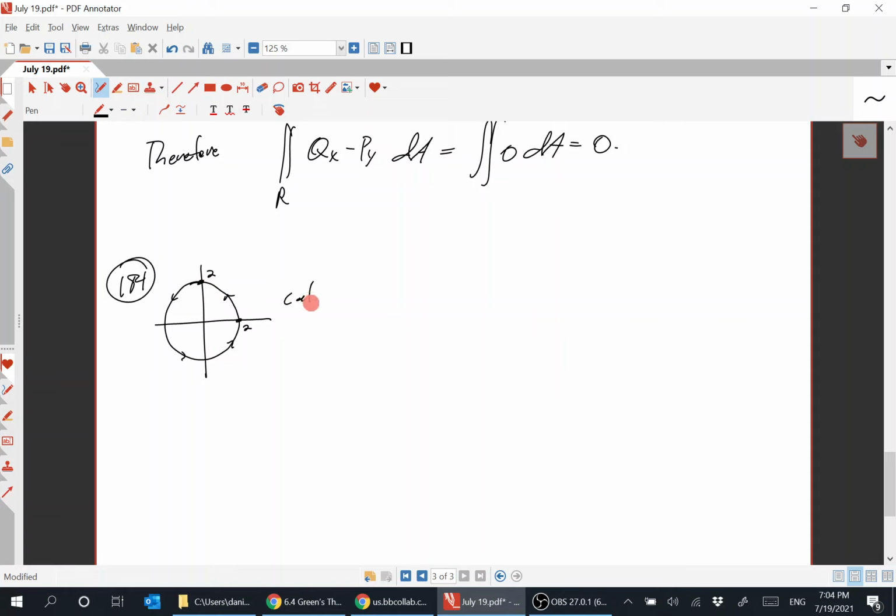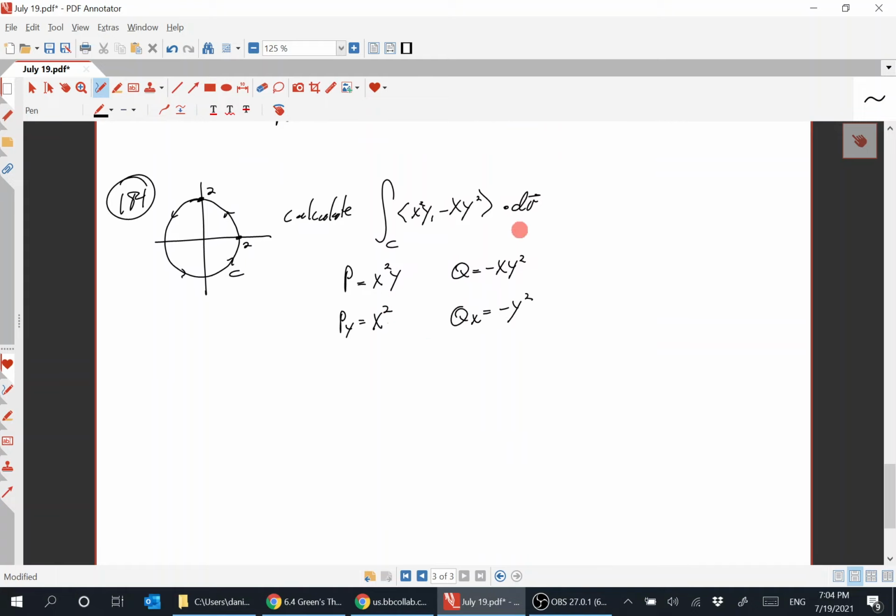So calculate the integral of x squared y, minus xy squared, dot dr over C. So P is equal to x squared y, Q is minus xy squared. So P_y is x squared, and Q_x is minus y squared.